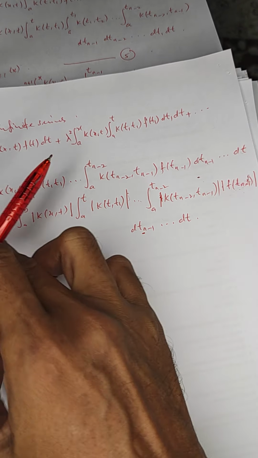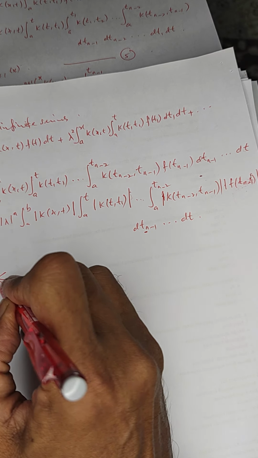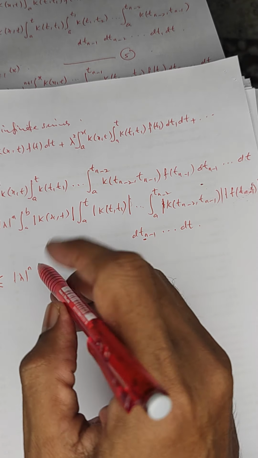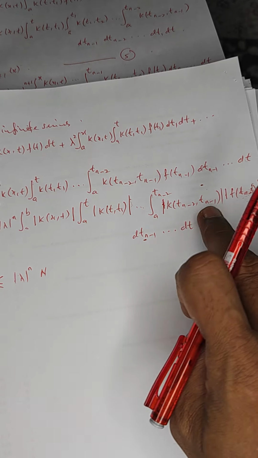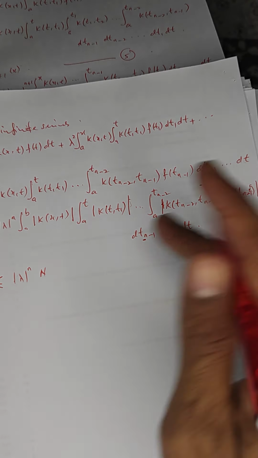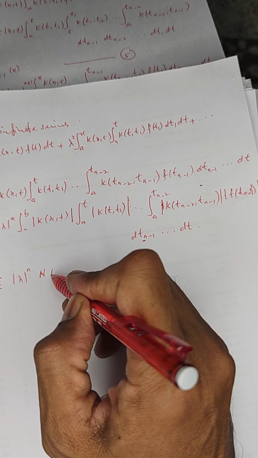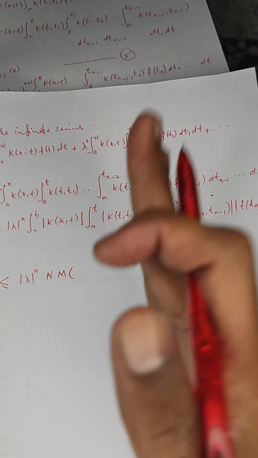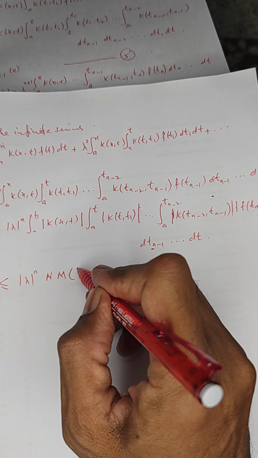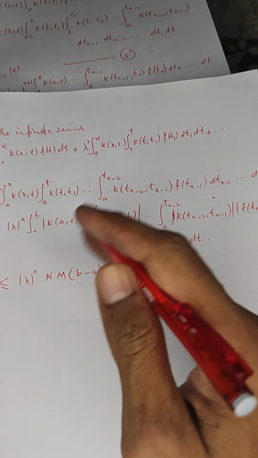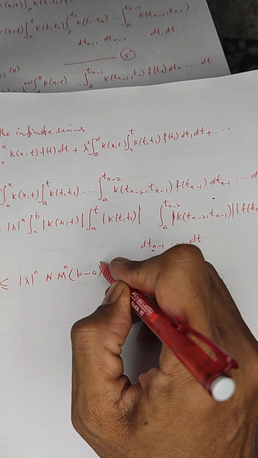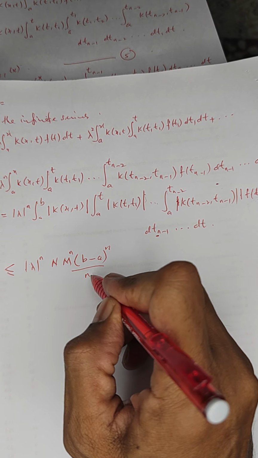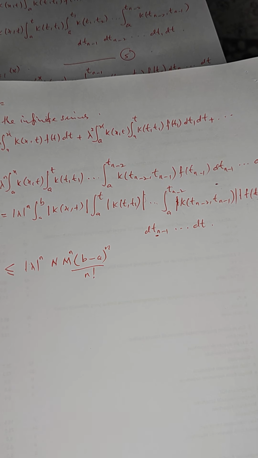So we have basically all this less than lambda n, for those we have n, and we have m. And in the last terms, if you do one by one, you have b minus a, and we have n times n, and each of those we have n factorial.